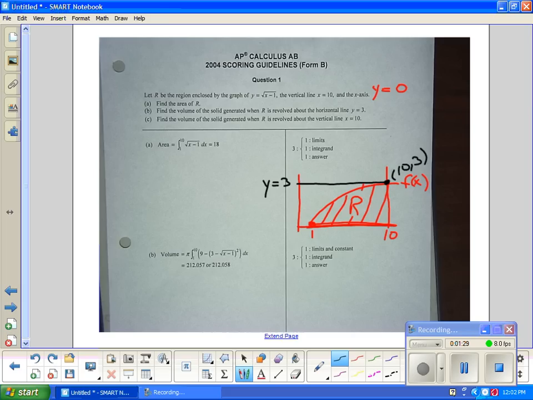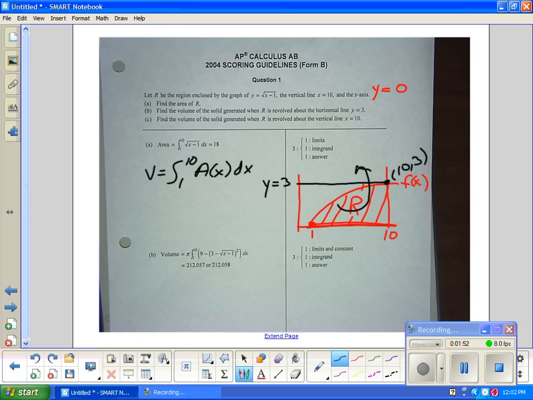You're going to revolve that around this line. So again, this creates a washer, R_O and R_I. They go right to the answer, that's what they're looking for, but I would start with volume equals the integral from 1 to 10 of A(x) dx.